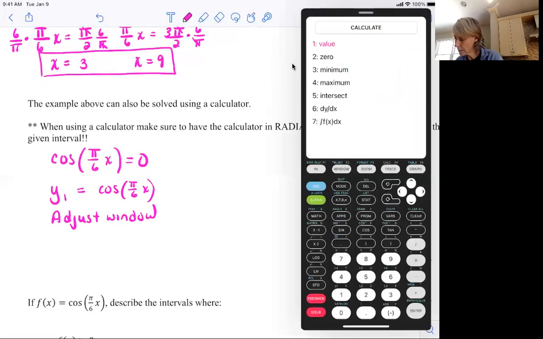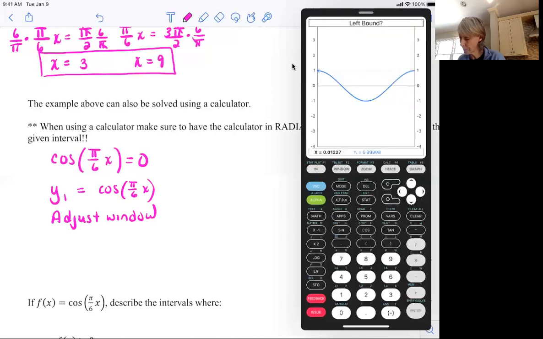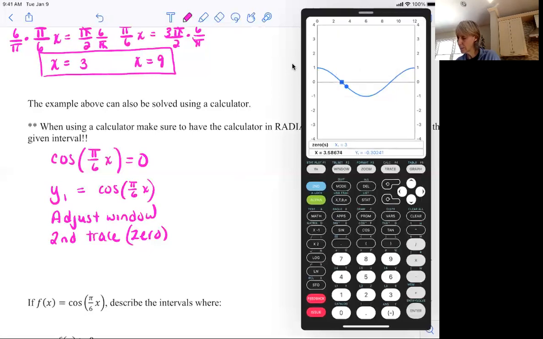So we second trace 0. And it's going to ask for a left bound. I've got to figure out where my cursor is. So I'm going to move along the x-axis and get close to that x-intercept. Hit enter. Right bound. Hit enter. And my 0.